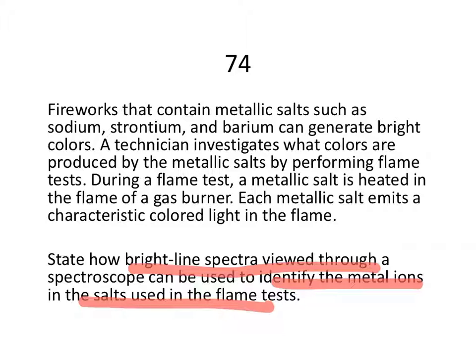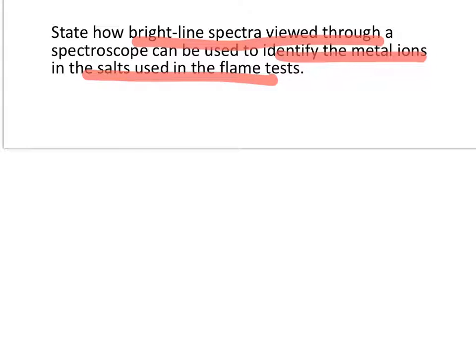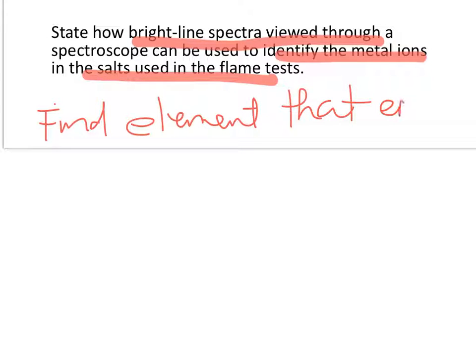You're going to say that the spectral lines are compared to the known bright line spectra, or you're going to find the elements that emit light with the same wavelength observed.